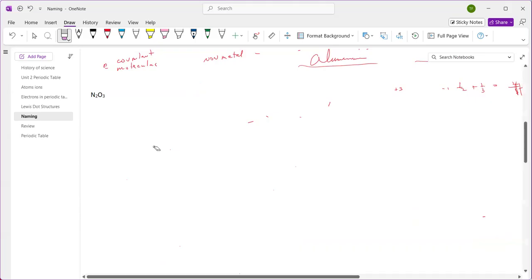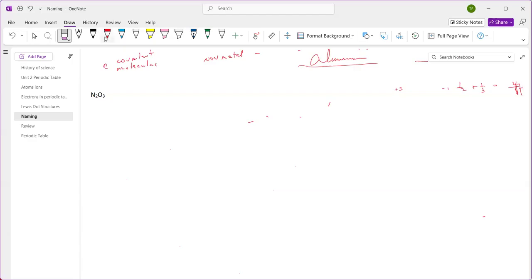N2O3. All right. Is that ionic or covalent? Well, look at nitrogen. Is that a cation or an anion? An anion. And what about oxygen? It's also an anion.